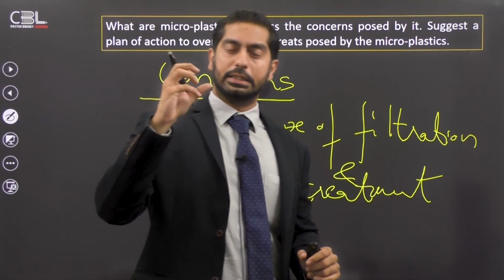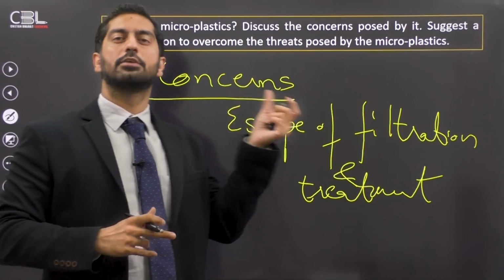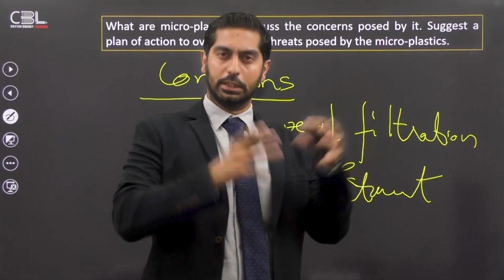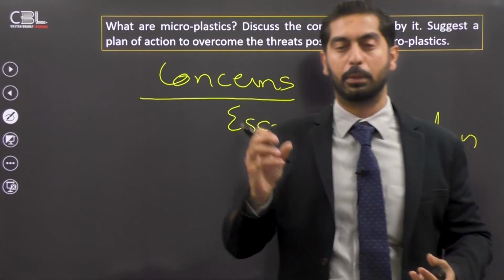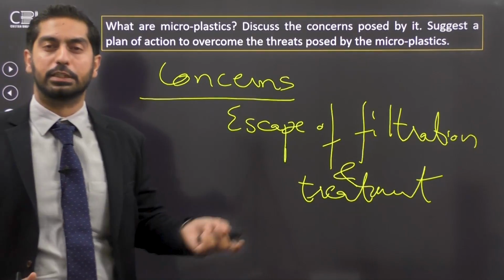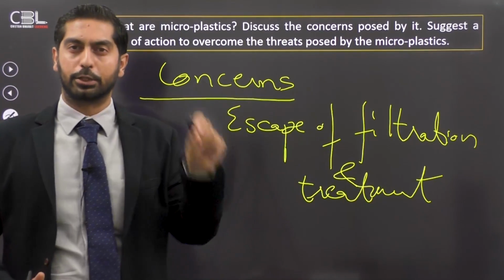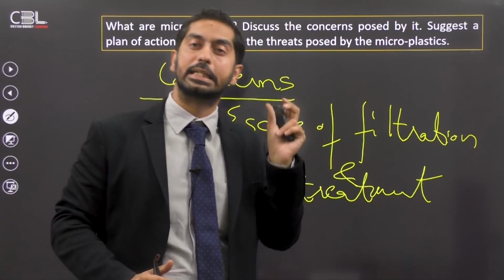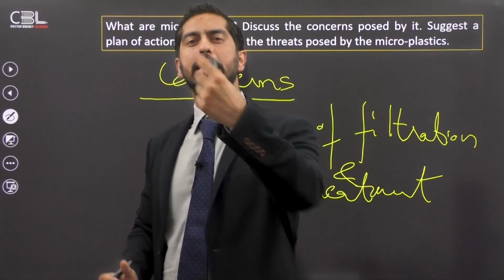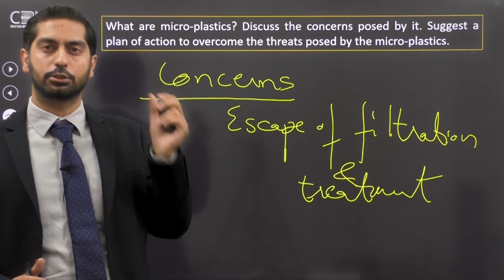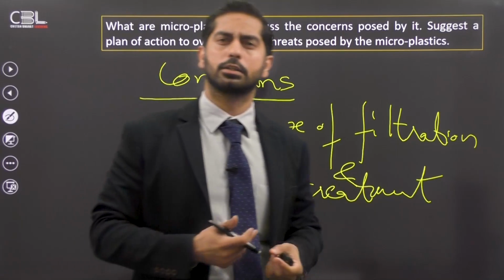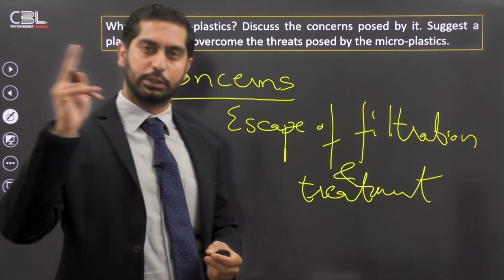And then the second causative factor for the microplastic pollution: the normal plastic that we use gets broken down into microplastics, and gets accumulated in the landfills. There it gets broken down into microplastics, and the harmful chemicals get leached into the soil, and from soil they may be taken up by plants, or those toxic chemicals can get mixed in the groundwater and hence pollute the other water sources as well. So that's the second thing.